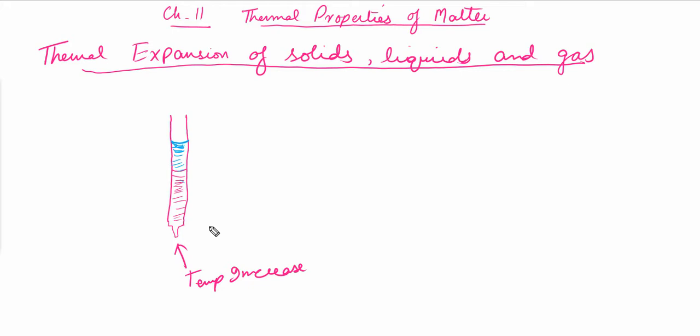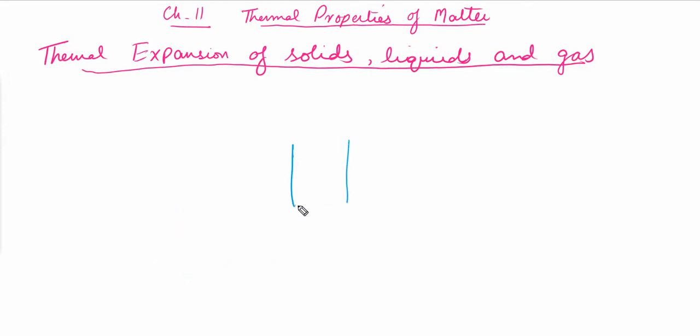Now what happens to a gas whose temperature increases at a constant pressure? Let's discuss that. Let's suppose we have a cylinder with a piston, and there are gas molecules in the cylinder.